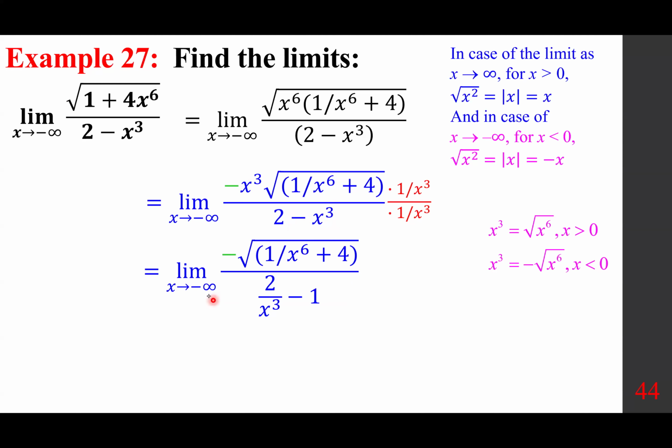Now, if you let x go to negative infinity, this goes to 0, this goes to 0. Minus square root of 4 is minus 2. This is negative 1. The result is positive 2. This is a question you want to look at the recording a couple of times to be on the safe side. Okay, everybody?